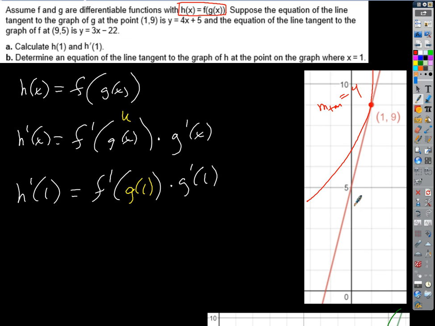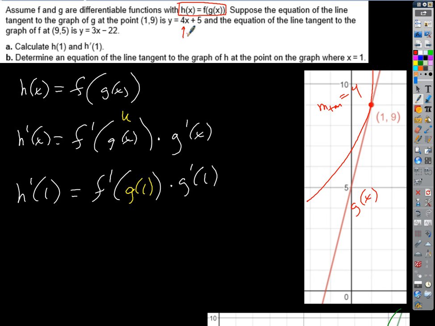Right, so we'll just call this g of x. So what is g prime of 1? 4. Everybody see that? Because the derivative, this tells us if this is g, right? At the point x equals 1, y equals 9, the slope of the tangent to g is 4. And we know that because it's right there.